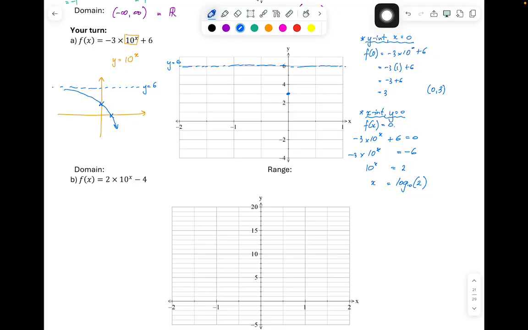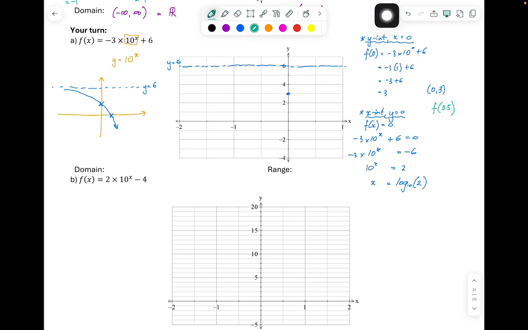Well, we can either find our extra points or we can just guesstimate. What we might do is find what the y value is at x equals 0.5 or 1/2.